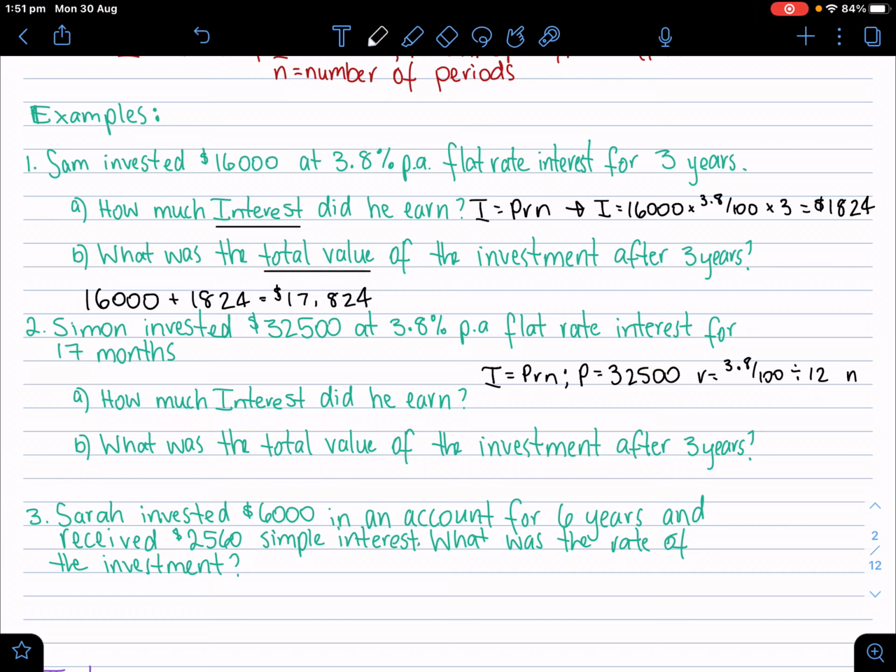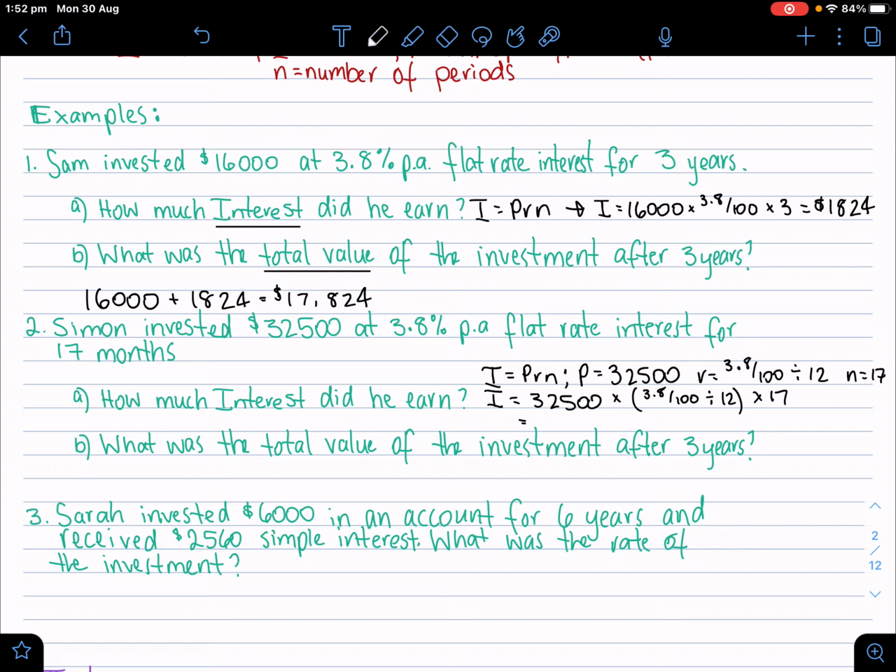And our N equals 17 months. Now the rate's not per year, but per month, and the N is in months as well. So now I chuck it into the original equation, 32,500 times the rate, and I'm going to use brackets here in the calculator, so BODMAS doesn't stuff things up, times 17.